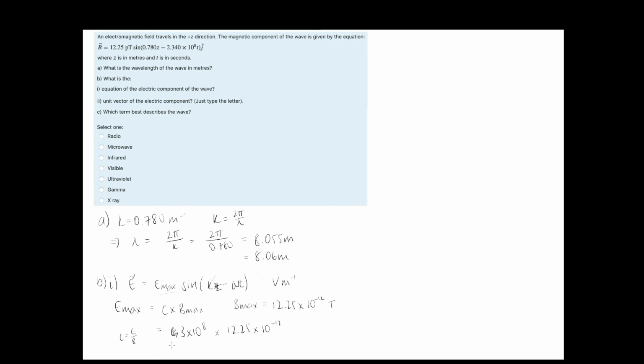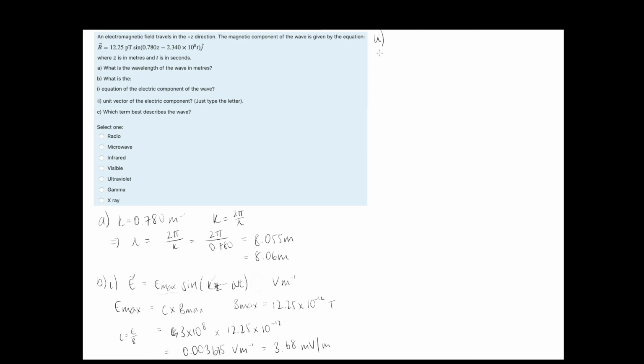And then when we do that, we get 0.003675 volts per meter, which to 3 significant figures is going to be 3.68 millivolts per meter.